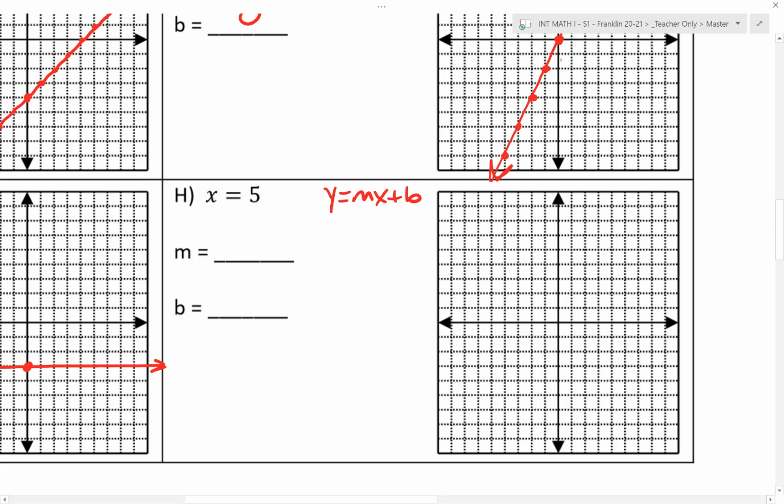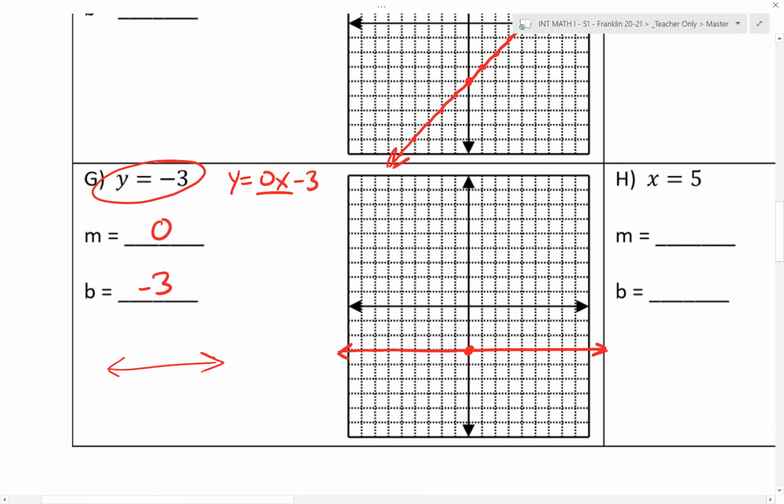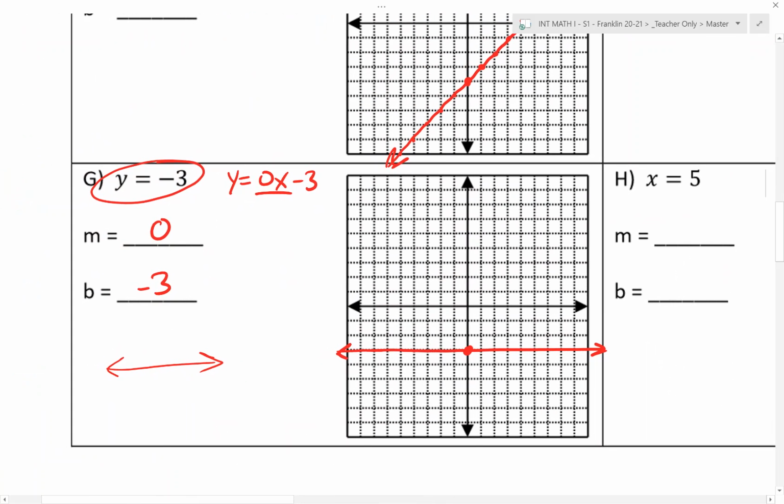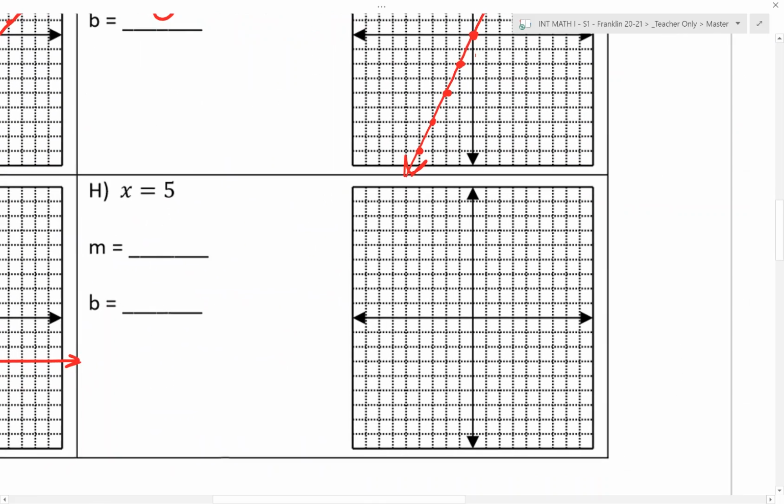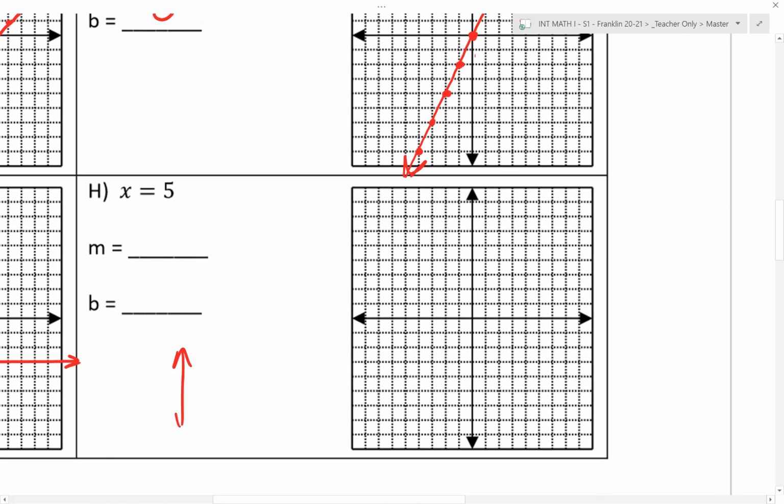And if we were going to get that into slope-intercept form, well, we really couldn't. There's no y. And so what this looks like, when you have y equals a number, like example G, it's a horizontal line. And so the other side of that is x equals a number, which is going to be a vertical line through that number on the x-axis. So it's a little different. It doesn't follow the same rules when x equals a number.